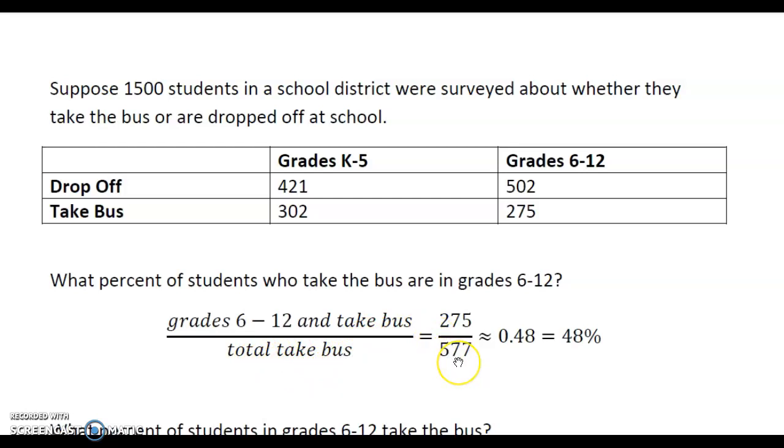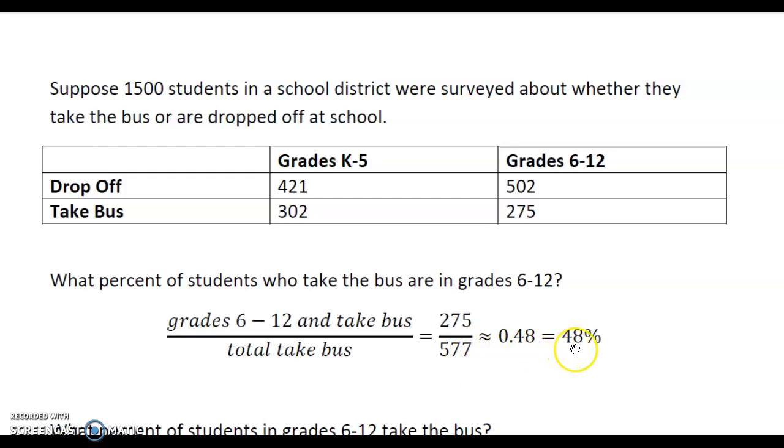And we can get this 577 by adding up everybody who's taking the bus, the 302 K through 5 students plus the 275 6 through 12 students. Once you have your quantities in fraction form, you could go from fraction to decimal by dividing. So I'm dividing 275 by 577, and I rounded that to 2 decimal places.